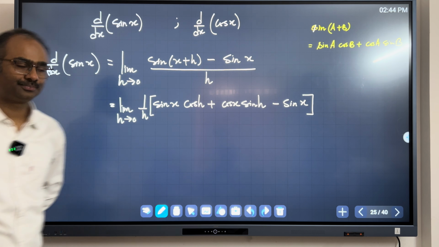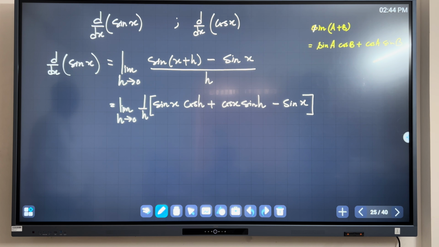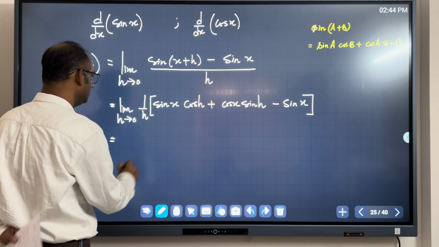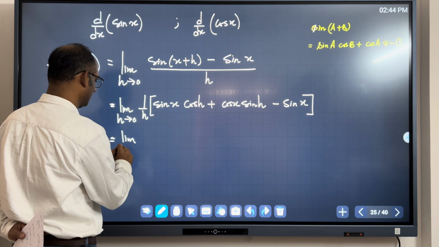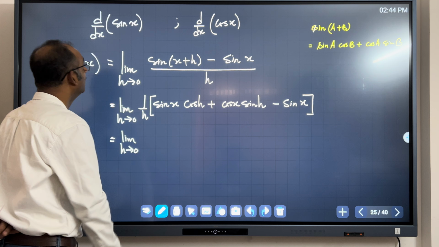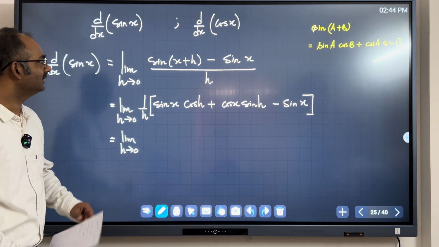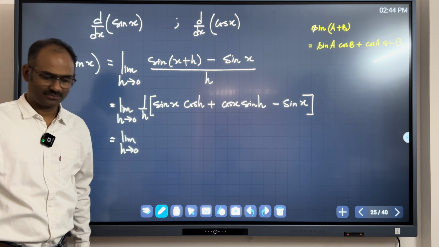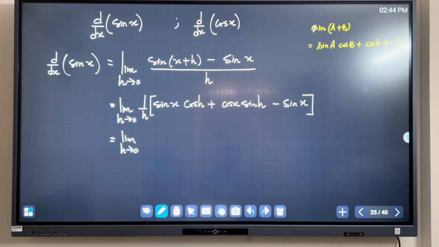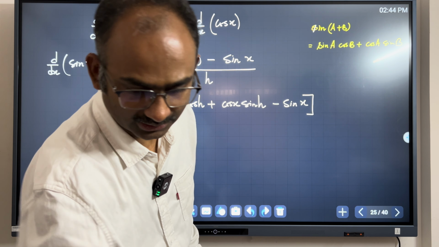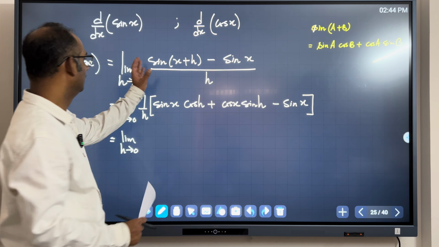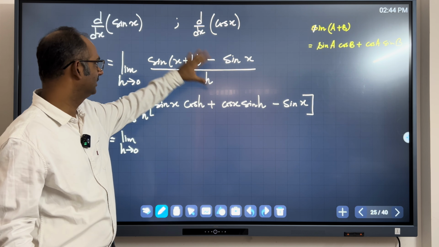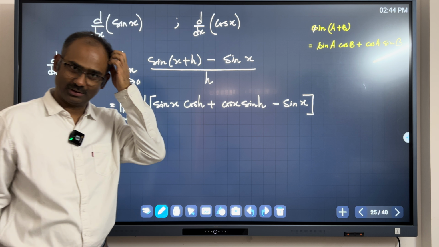Is it fine? Okay, so what will be better is, instead of writing limit h goes to 0 every time and wasting time, just work with the numerator and do all the massage, and only at the end put the h going to 0 limit.